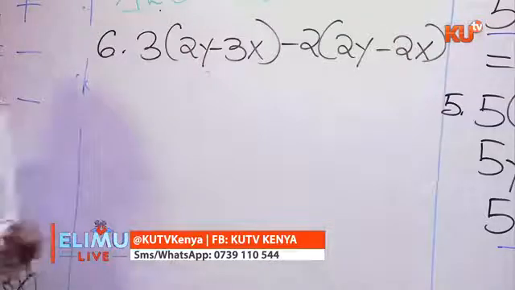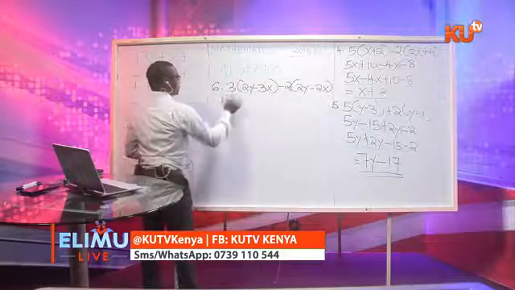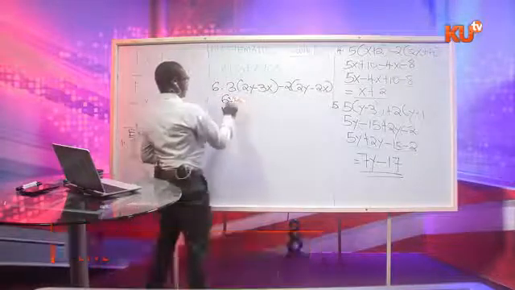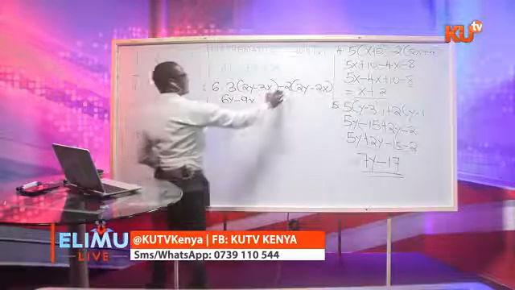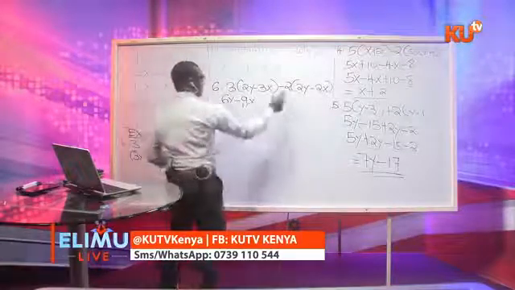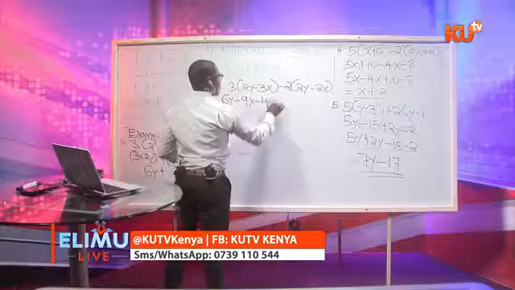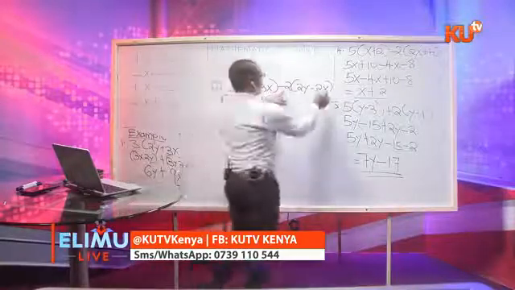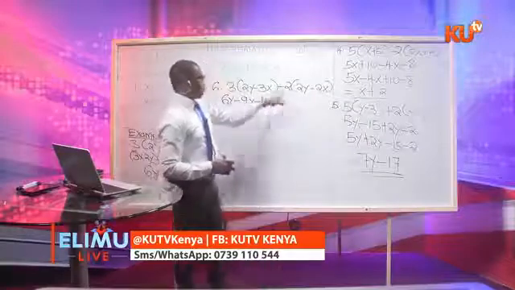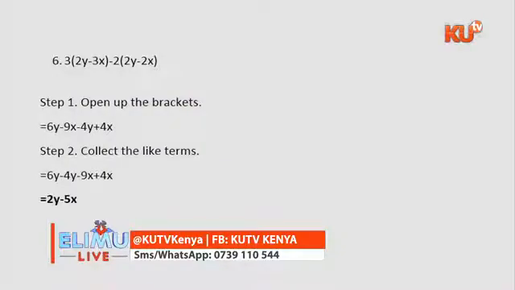The first step is to open the brackets. So 3 times 2y, that is 6y, minus 3 times 3, that is 9x. Then minus 2 times 2y, that is minus 4y. Now remember here we have minus 2 minus 2x.